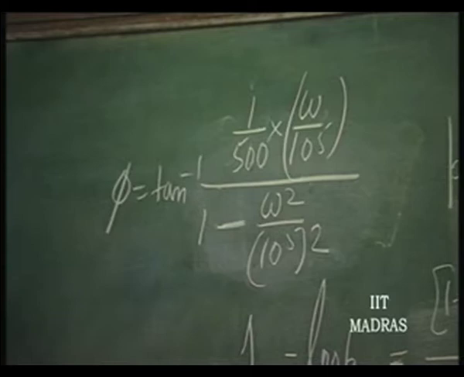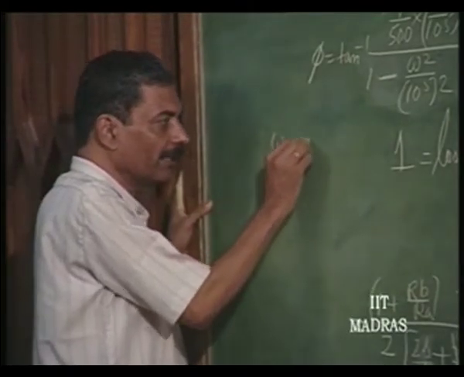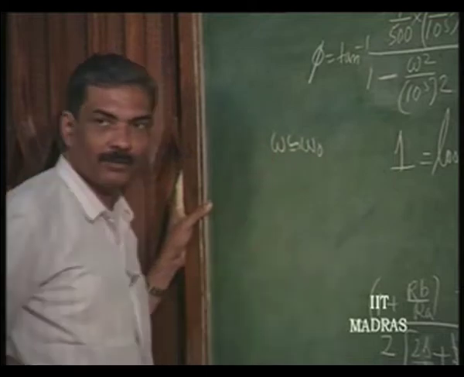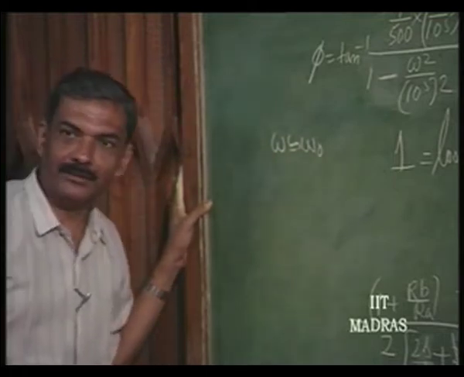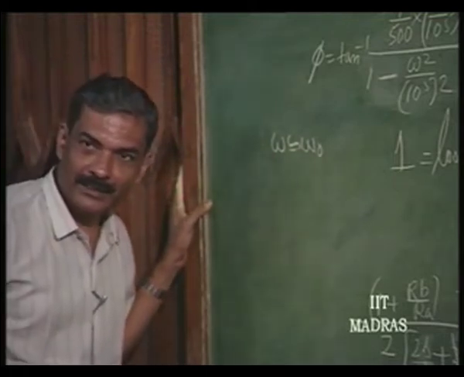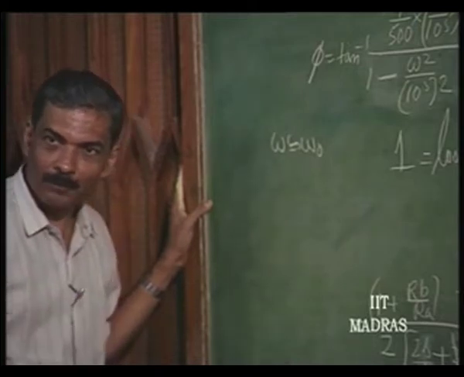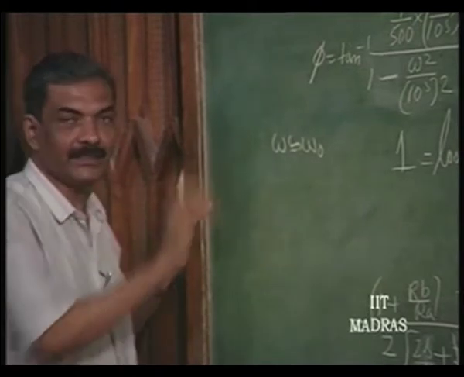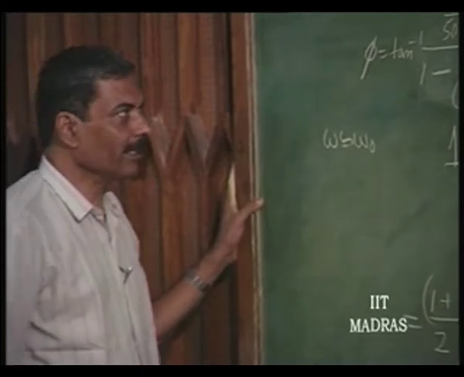So, now I am going to make an approximation here, okay, and I want to establish only that at very close to omega equal to omega naught, I would like to find out the slope. So, instead of differentiating, okay, we will adopt this procedure.